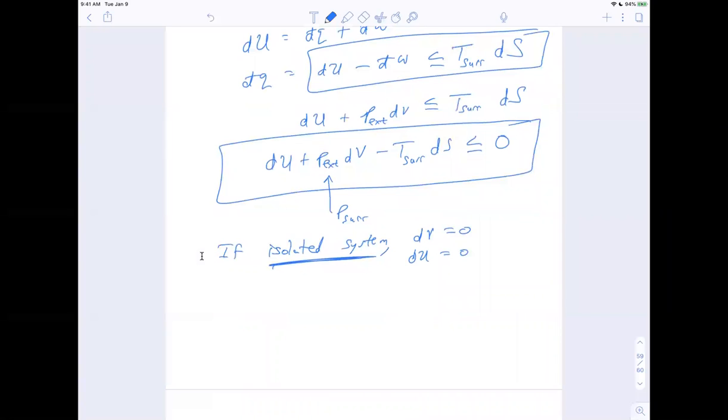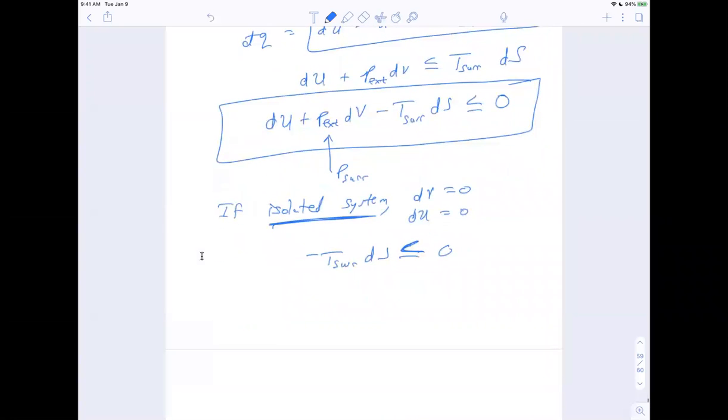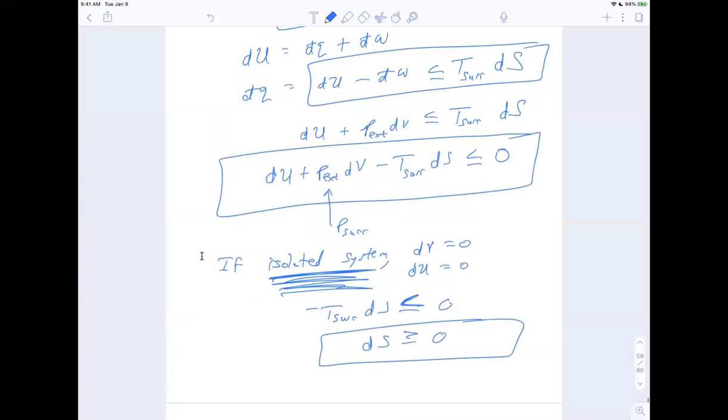What that leaves us with is minus T surroundings dS is less than or equal to 0. And then if we multiply both sides by negative T surroundings, we get dS is greater than or equal to 0. Wow. So we've come to a result for an isolated system that we've already seen before, but now it's coming from a very compact expression right here.